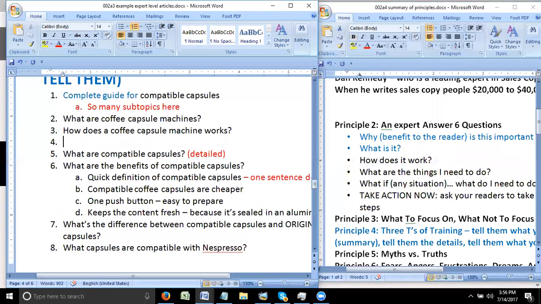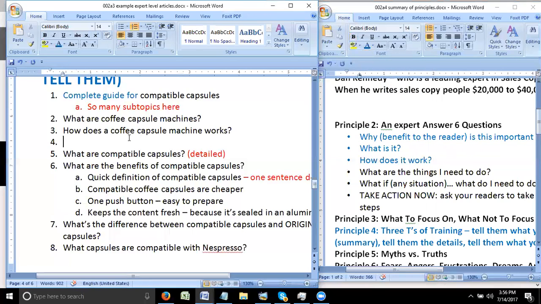I've probably seen one maybe in a cafe somewhere, but I'm not sure if that's a coffee capsule machine. So the point is, I don't need to know what a coffee capsule machine is to ask this question. I can come up with an outline, and so can you, even if you don't know how a coffee capsule machine works. You just ask the question and worry about researching it later. Just ask the question for now. That's part of the outline. So how does it work?